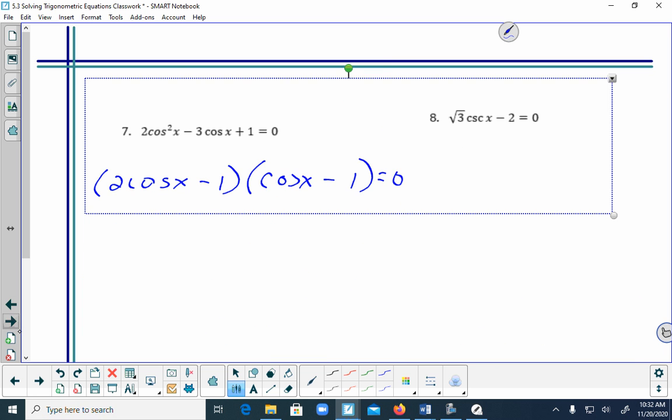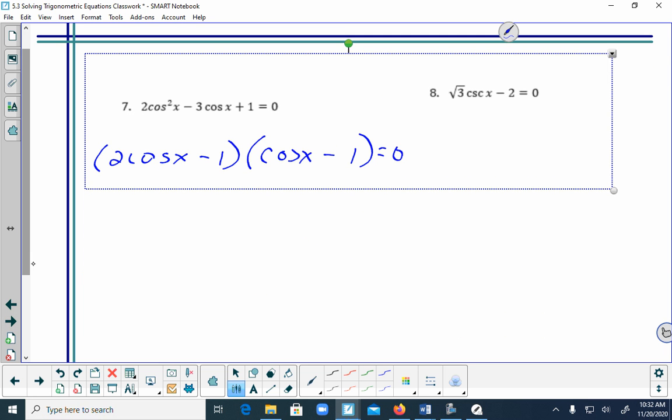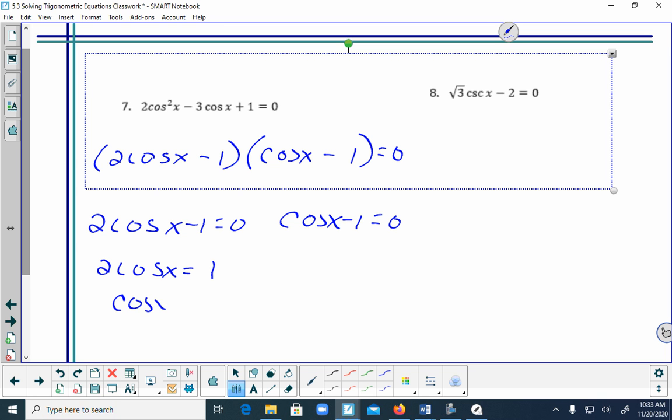Now I set both of them equal to 0. So this will be 2 cosine x is equal to positive 1. Divide both sides by 2, 1/2. And that ends up being pi over 3 and 5 pi over 3.